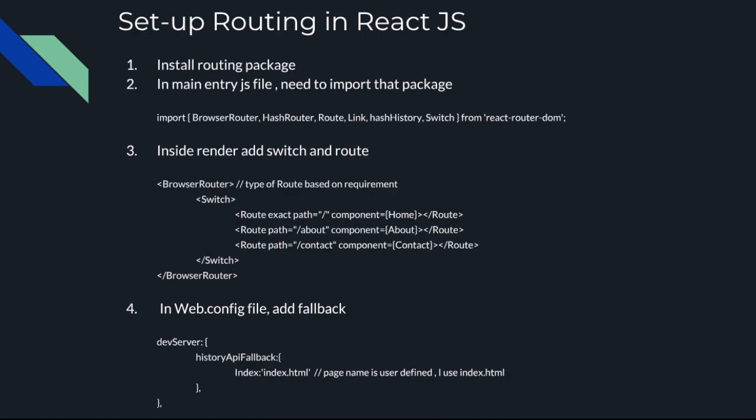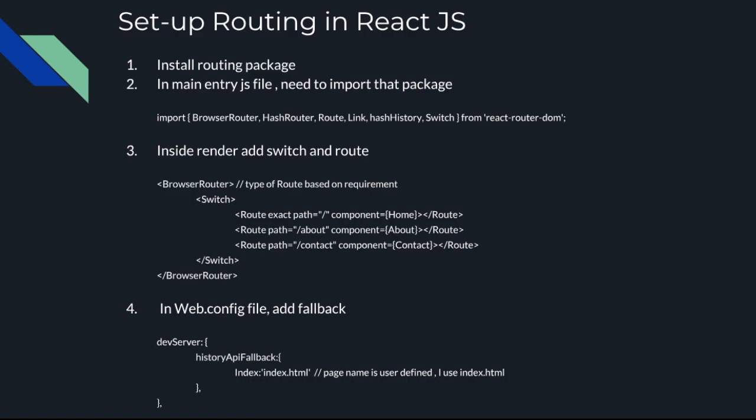To avoid this, we use the fallback, so that whenever we get a response it goes to the index.html. For example, I'm using index.html here, so it falls back to that particular page. These are the 4 steps we need to implement routing.